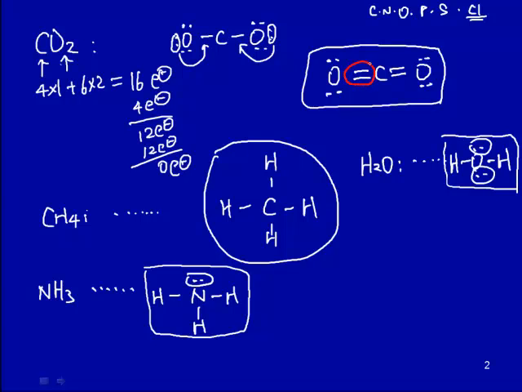Now you have this region with 4 valence electrons, and this region with 4 valence electrons. So take a look at the methane. The central atom is carbon. You have a pair of valence electrons shared between carbon and hydrogen, and that one has this, carbon, hydrogen, carbon, hydrogen.